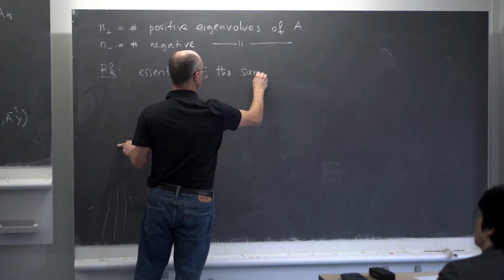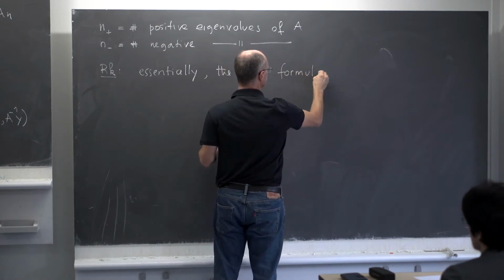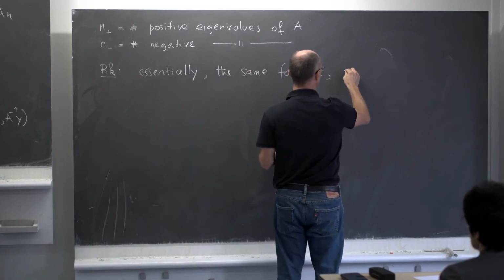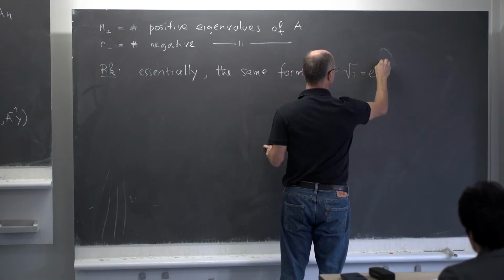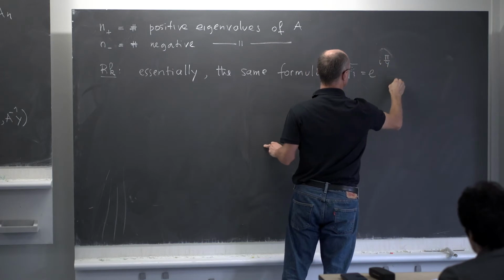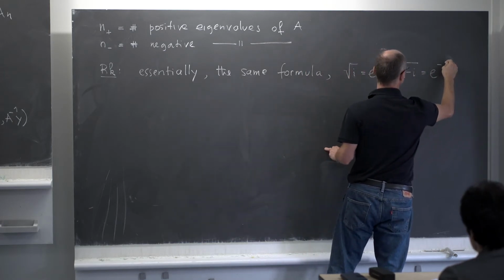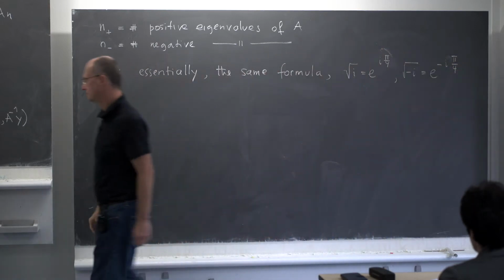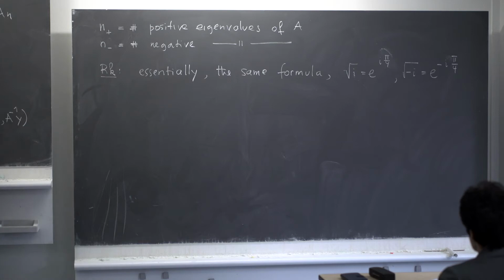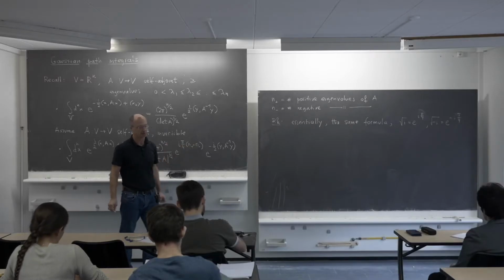So it's essentially the same algebraic formula, and you have a convention that the square roots of i and minus i have positive real part. Those are essentially the square roots of i and minus i that you are counting here.